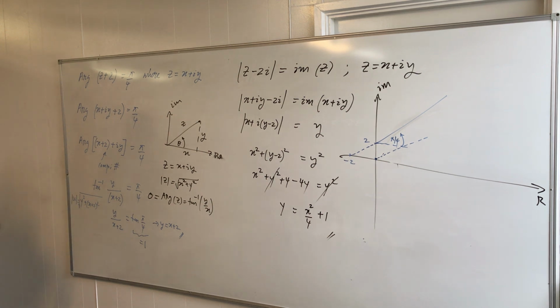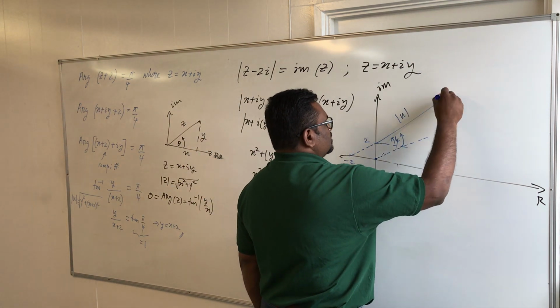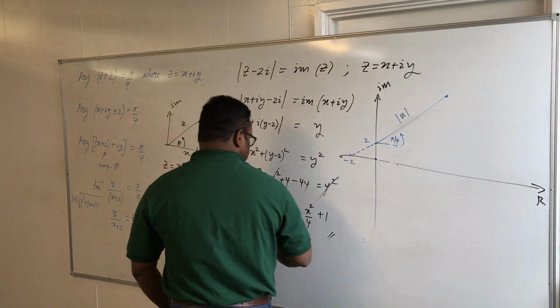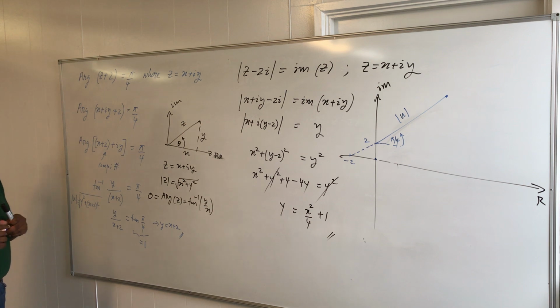So what about W? This is your U, right? This is your U. What about W? What is your W?